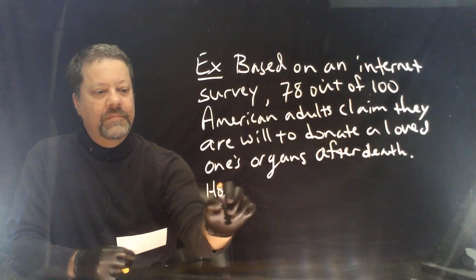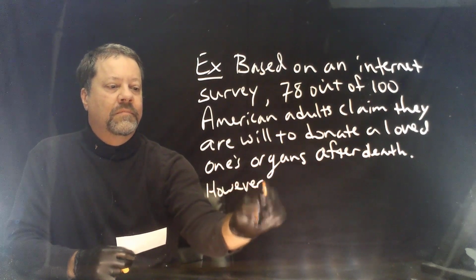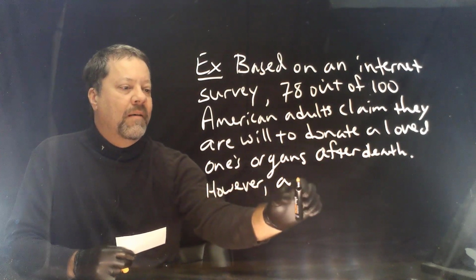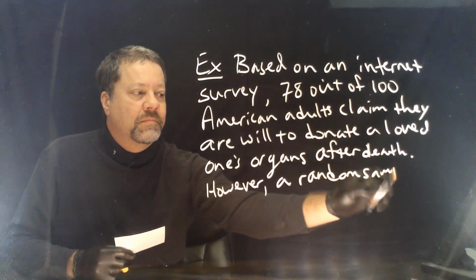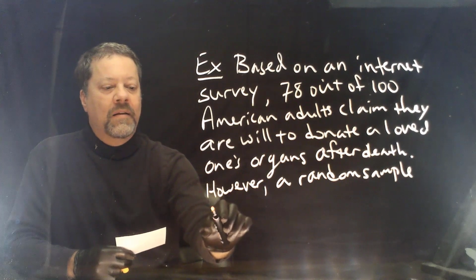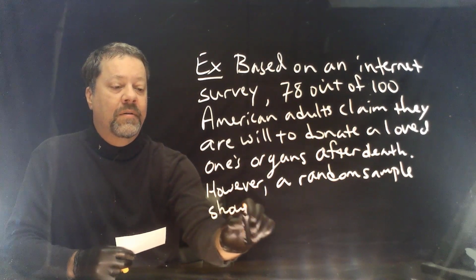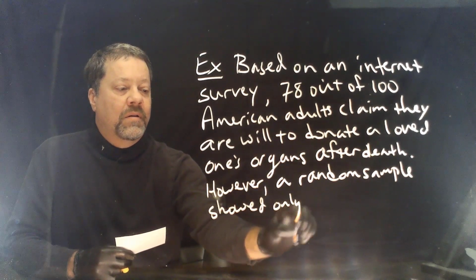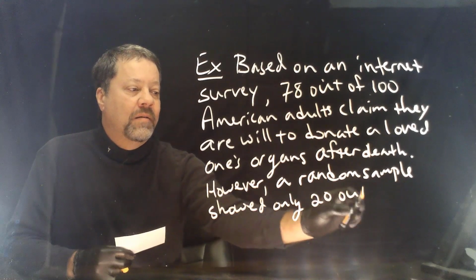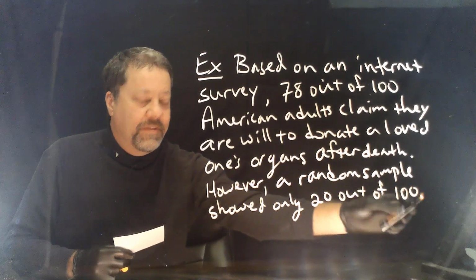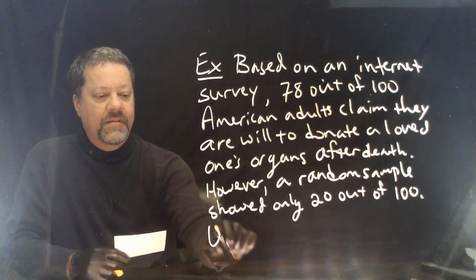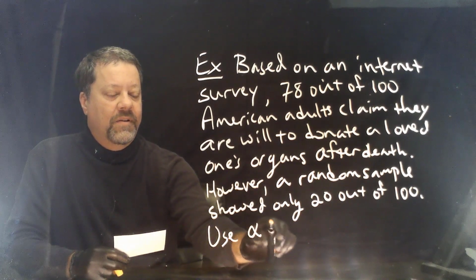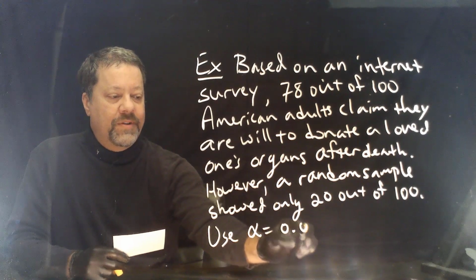However, a random sample showed only 20 out of 100. Is there a difference? Use alpha equals 0.01.